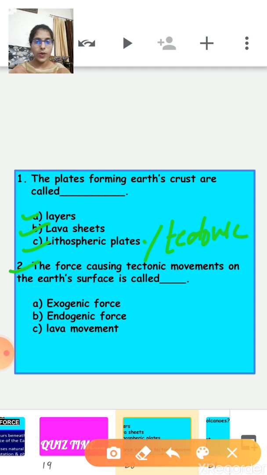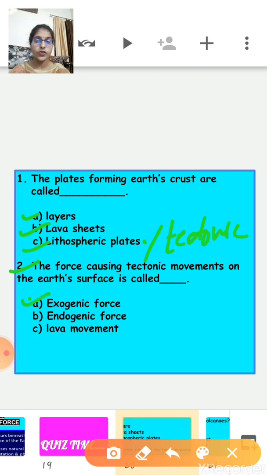Now the second question, the force causing tectonic movements on the earth's surface is called, right? Now the options are, first one is exogenic force, second option is endogenic force, and third one is lava movement. So which force acts?